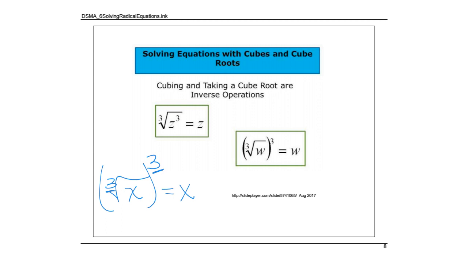If I have the cube root of z raised to the 3rd power, still I have an index and an exponent that match, and so I end up with just z. Doesn't matter. I can do the 5th root of y raised to the power of 5, as long as the index and the exponent match, then I just have the y that's underneath.